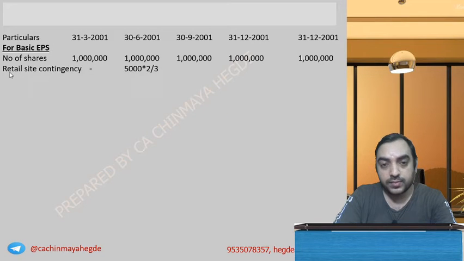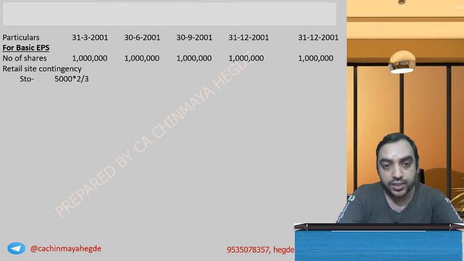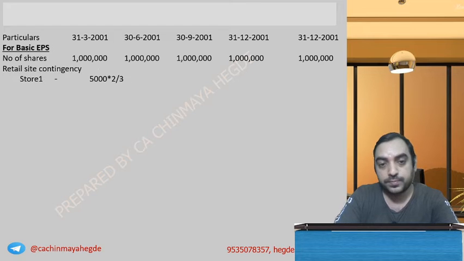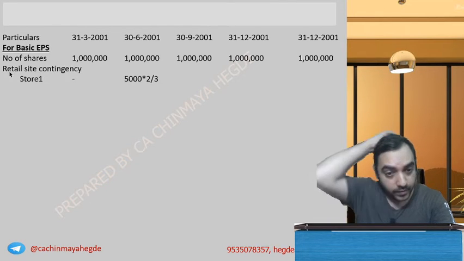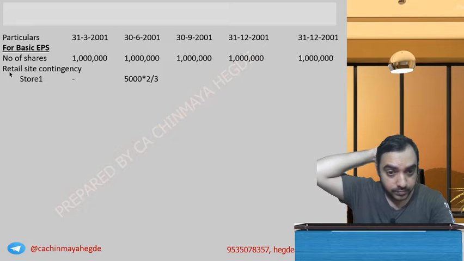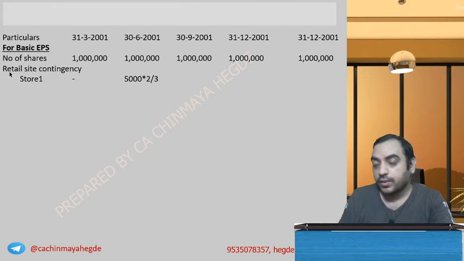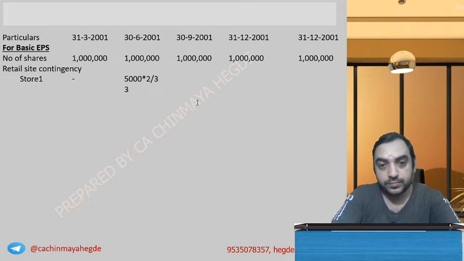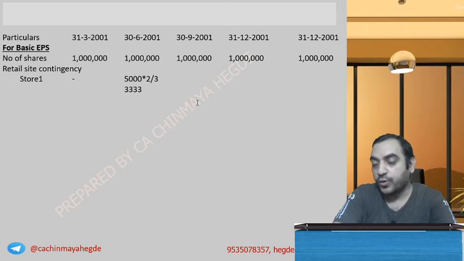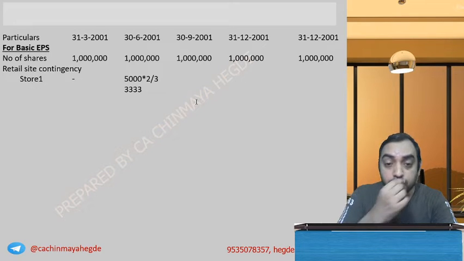Let's say this is for store 1. How much do I get? 5,000 times 2 by 3, let's say 3,333, rounding it off.